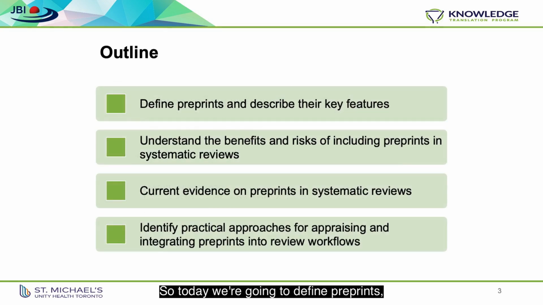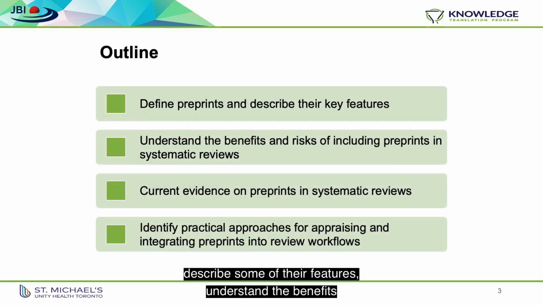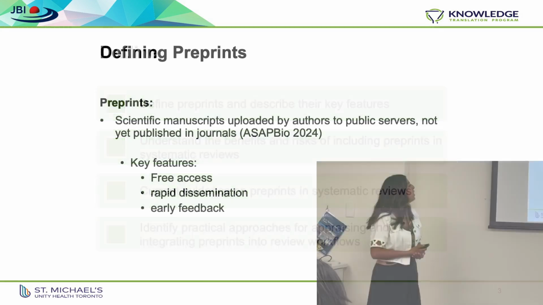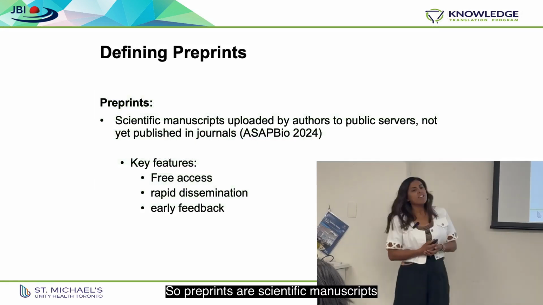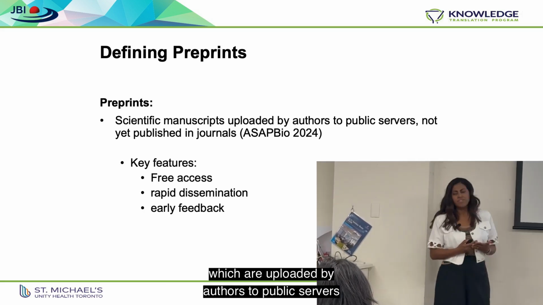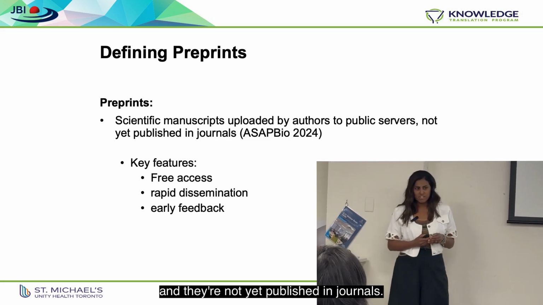So today we're going to define preprints, describe some of their features, understand the benefits and risks of including preprints in systematic reviews, current evidence on preprints in systematic reviews, and identify some approaches for integrating preprints into review workflows. So preprints are scientific manuscripts which are uploaded by authors to public servers, and they're not yet published in journals.